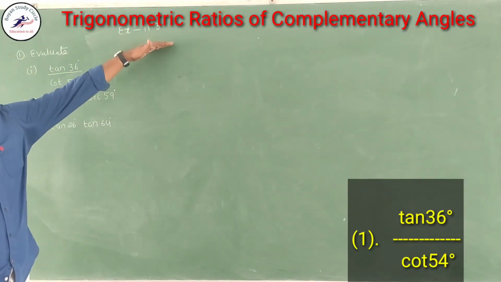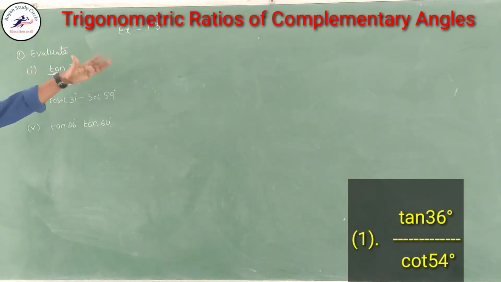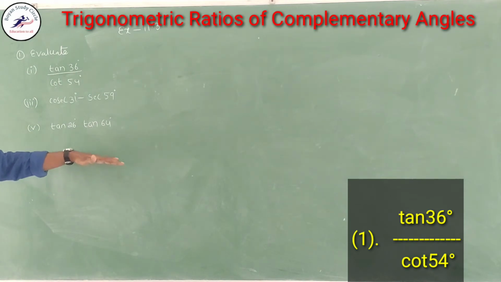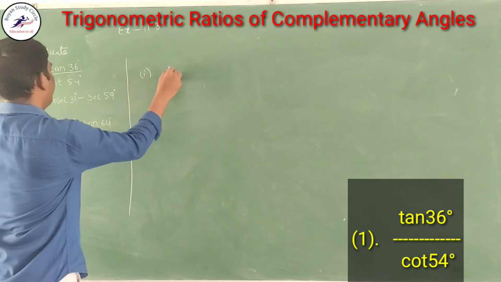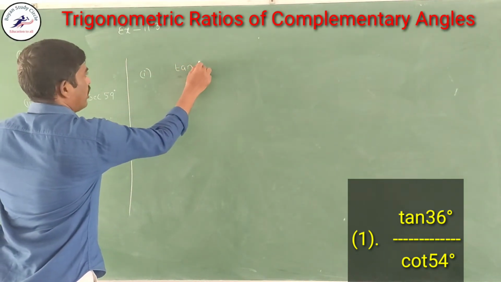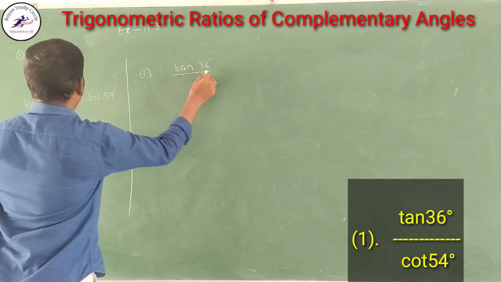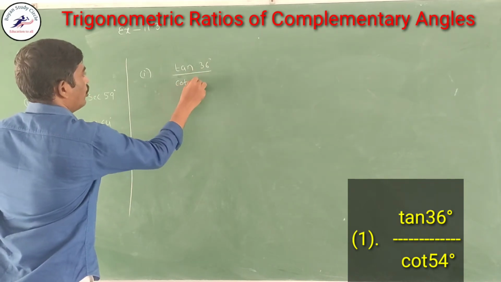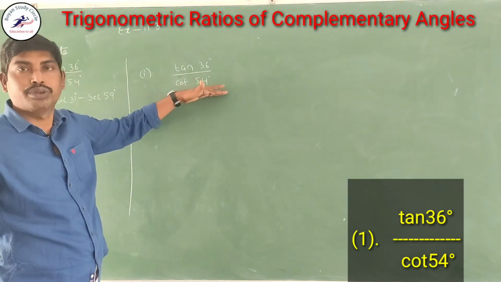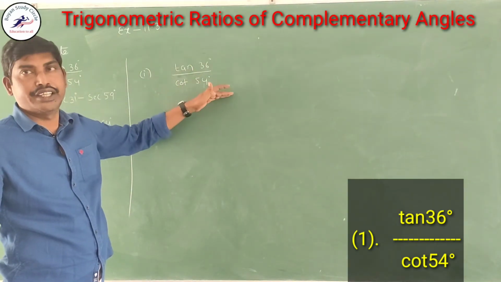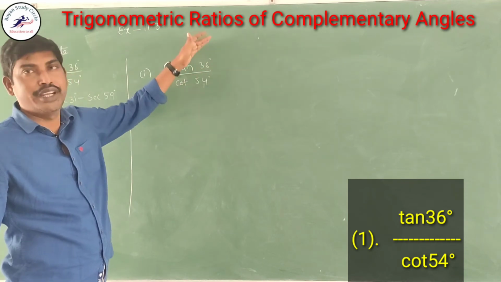Exercise 11.3, first problem, 5 bits are there. In that we are going to solve 3 bits. In the first one, that is tan 36 degrees by cot 54 degrees. See here, 36 plus 54 is equal to 90 degrees, so these two are complementary angles.